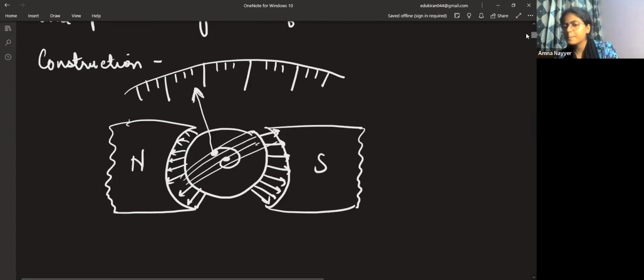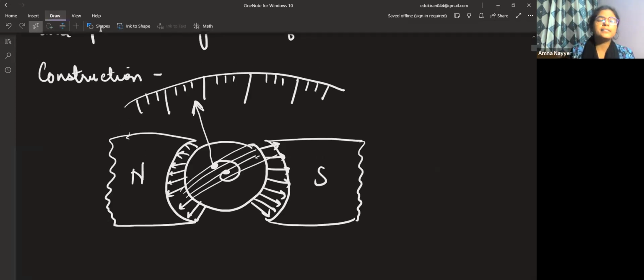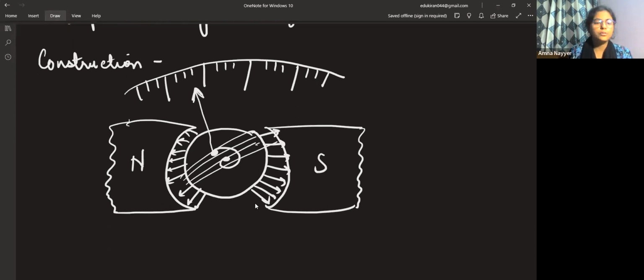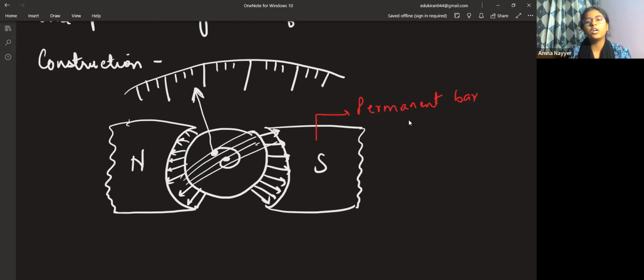Construction is simple. See, two permanent bar magnets are present. These two are permanent bar magnets. They are radially carved, so that radial magnetic fields are present.